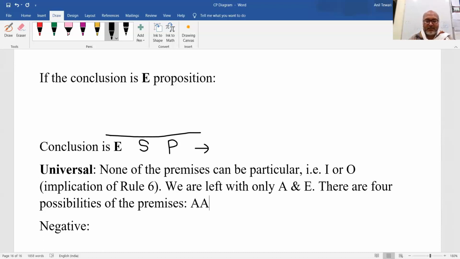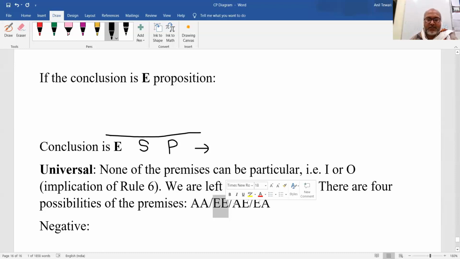Either both are A, or both are E, or one is A, other is E, or one is E, other is A. These are only possibilities. Either major and minor both are A, or both are E, or major is A, minor is E, or major is E, minor is A. Only these 4 possibilities.